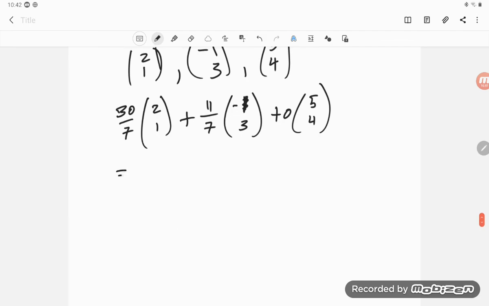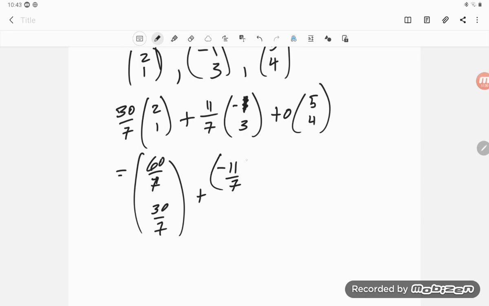Well, doing this multiplication here, I get 60 over 7 and 30 over 7, plus -11 over 7 and 33 over 7, and then, of course, plus 0.